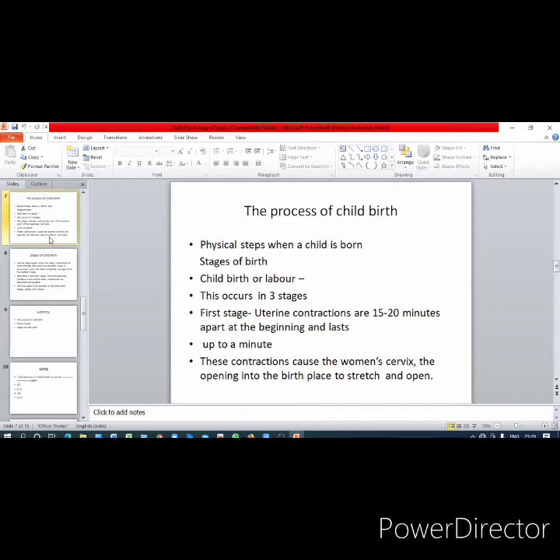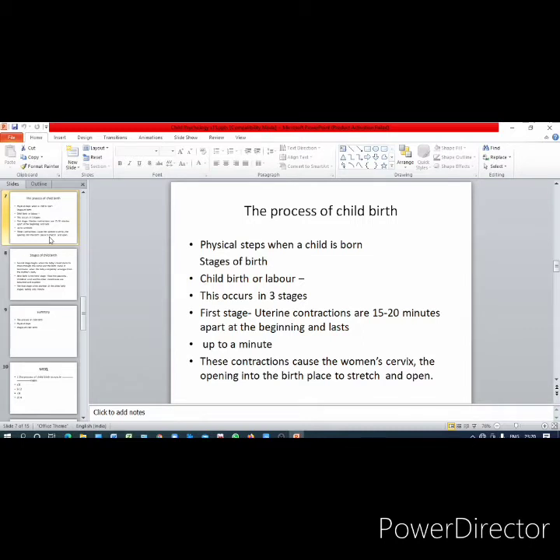In the second stage, delivery of the baby takes place. This stage is much shorter than the first, lasting about 45 to 60 minutes. This begins when the baby's head starts to move through the cervix and the birth canal. It terminates when the baby completely emerges from the mother's body.